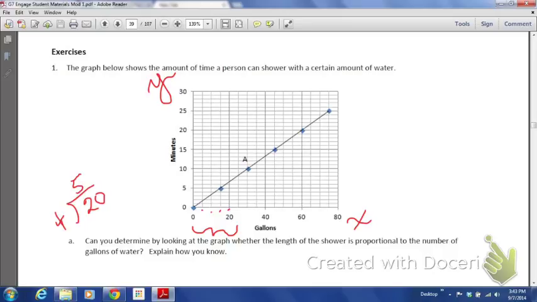So we have 5 gallons per segment. That's going to be 5, 10, 15, 20. So you can see there.